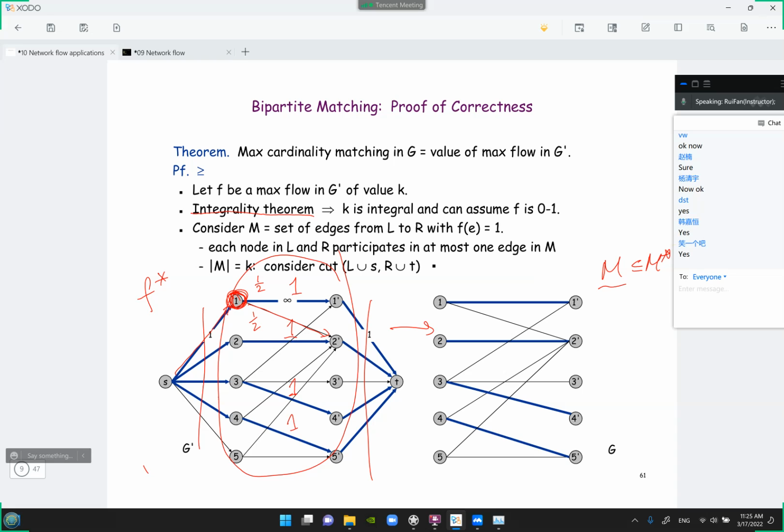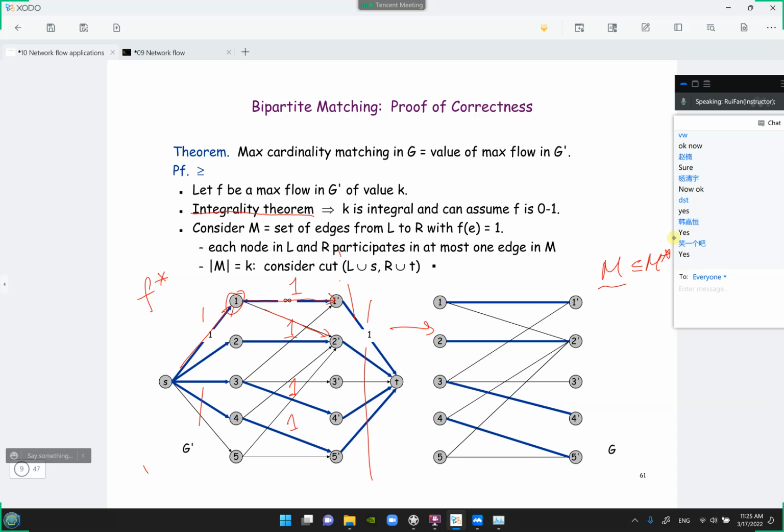But we know this is an integer flow, so each of these nodes on the left sends an integer amount of flow to the right, and that means it can only be connected to one other node on the right. Every node on the left which receives some flow is connected to one other node on the right.